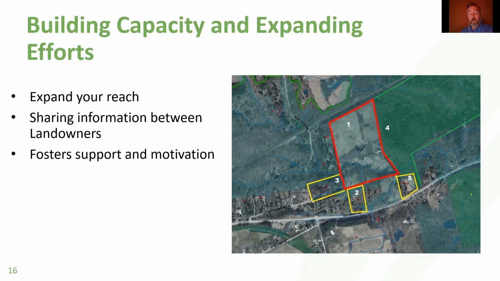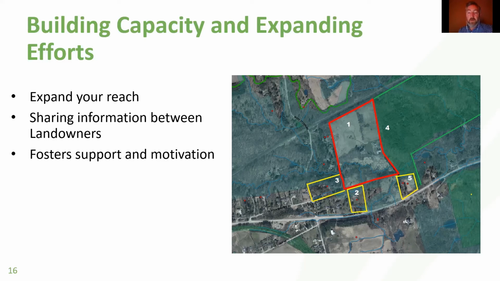And what happened was connections were made with neighbors, word spread between number 2 and 3, that there were opportunities to work with the Conservation Authority to help them with their own particular invasive species issues, similar to what number 1 was sharing. And we built onto that with number 4, which is actually Hamilton Conservation Authority lands.